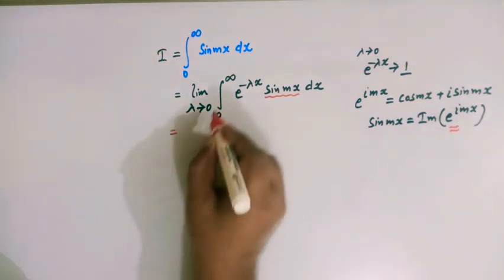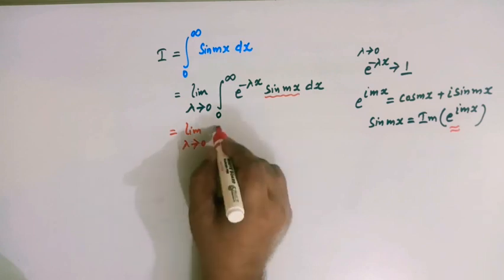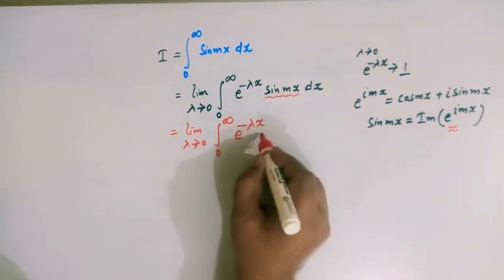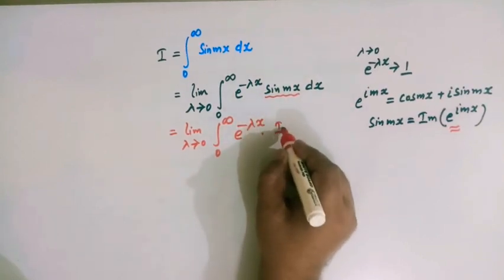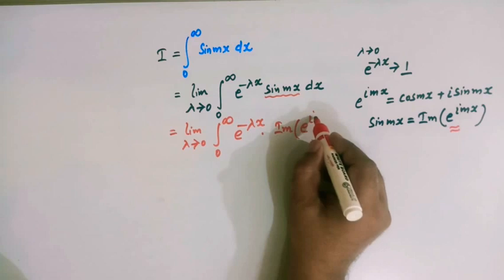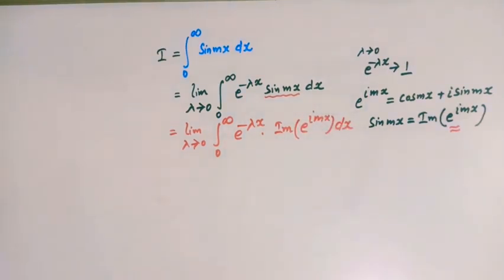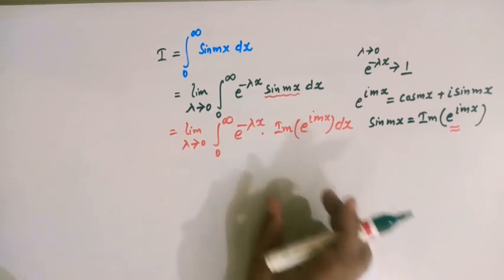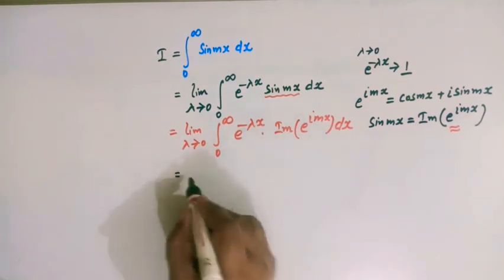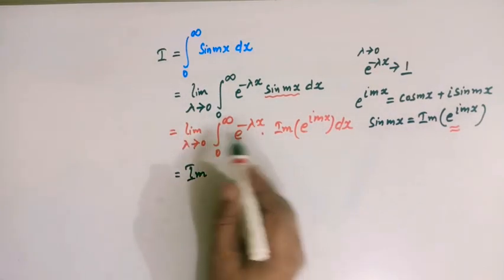So now this integral becomes the limit as lambda tends to 0 of the integral from 0 to infinity of e raised to minus lambda x times the imaginary part of e raised to iota mx, dx, right? Now viewers, we can take the imaginary part outside the integral.